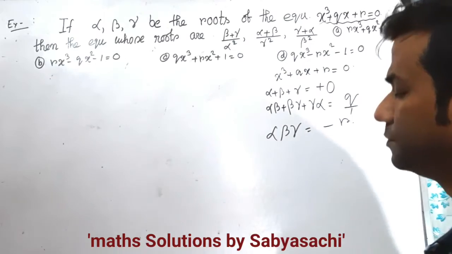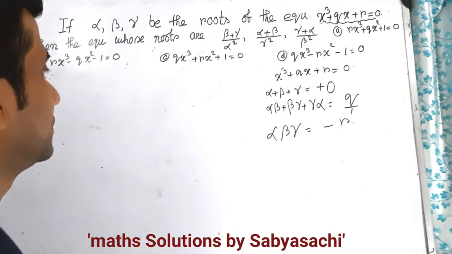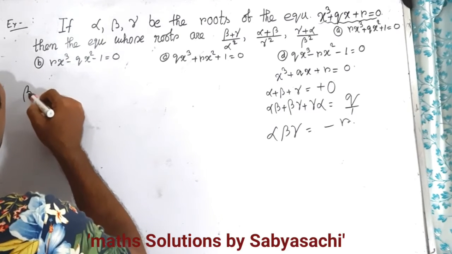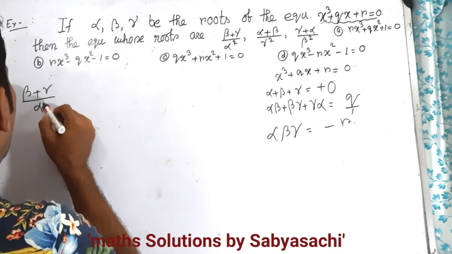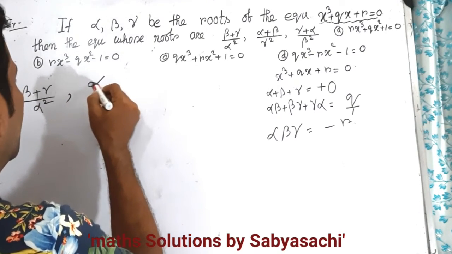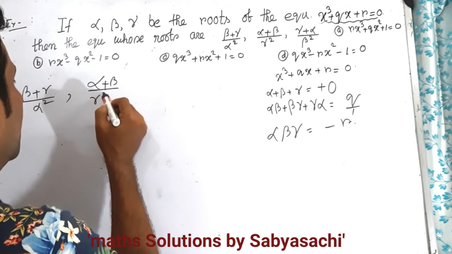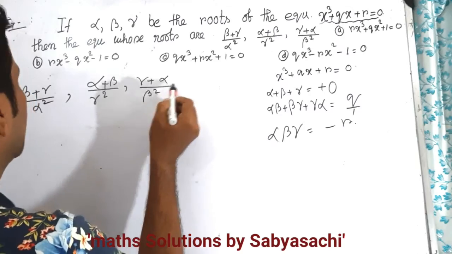Now we take the equation whose roots are beta plus gamma by alpha square, alpha plus beta by gamma square, gamma plus alpha by beta square.